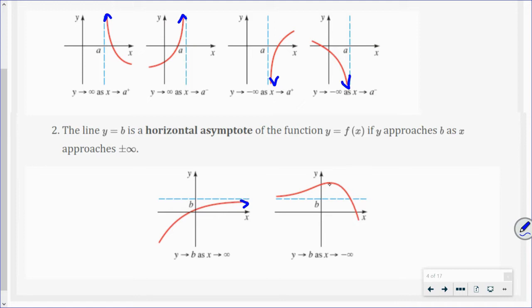And we can actually cross these horizontal asymptotes, but your end behavior overall is going to approach this horizontal line. So here we can say as x goes to negative infinity, y is going to b, wherever that line is. It could be positive, could be negative, doesn't matter. You have some functions that go up here and then bounce back and forth across this asymptote. But in the end, it narrows down to wherever that horizontal line is.